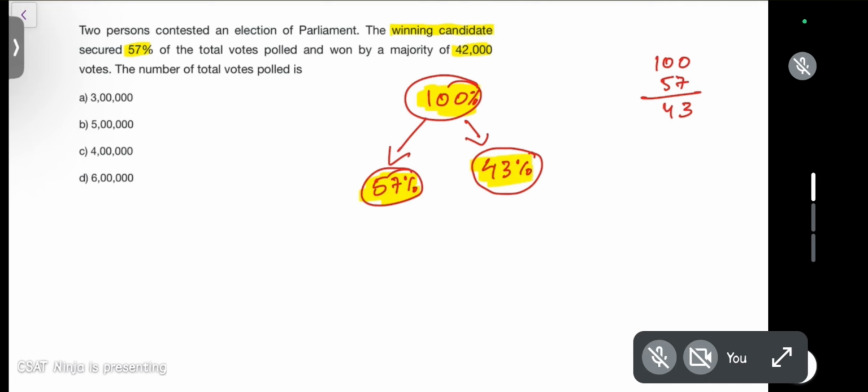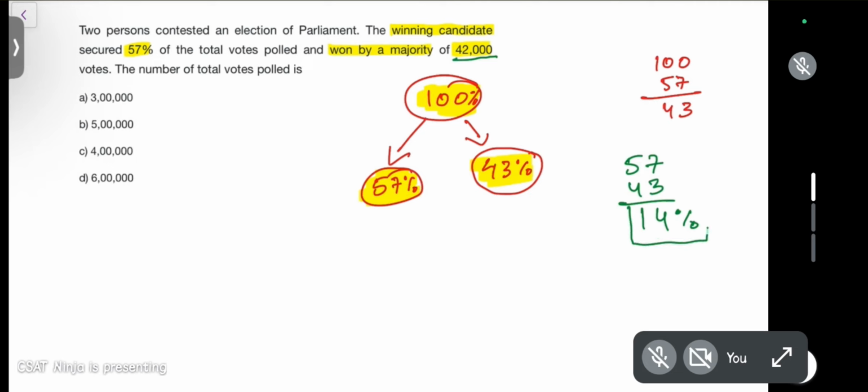So now, what is given? The total votes and won by a majority of 42,000 votes. So I'll do 57 minus 43. If I subtract this, 7 minus 3 is 4, and 5 minus 4 is 1.